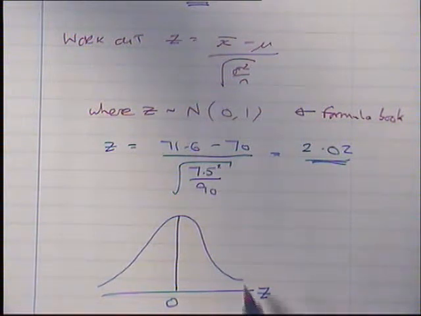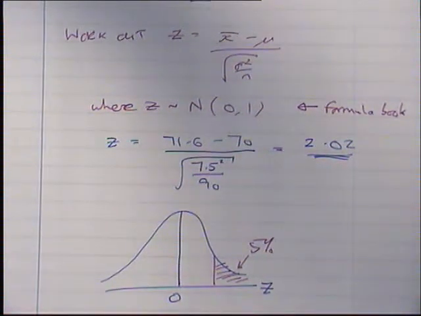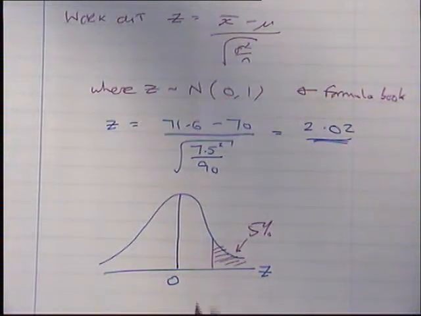So I'm interested in the tail on the right, this 5% over here. Now, from your formula books at the bottom of that page, or possibly even from your memory at this point, because we come across this number a couple of times before, what is the number that goes along the bottom here for a one-tail 5% test? 1.645 is correct.